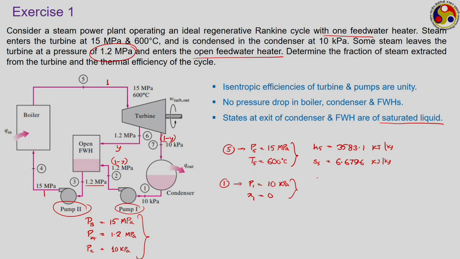Then h1 should be equal to hf corresponding to P1, which I have noted to be 191.81 kilojoule per kg, and specific volume v1 should be equal to vf corresponding to P1, which is 0.00101 meter cube per kg. So, we know point number 1.